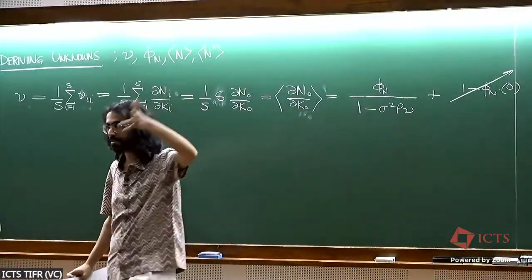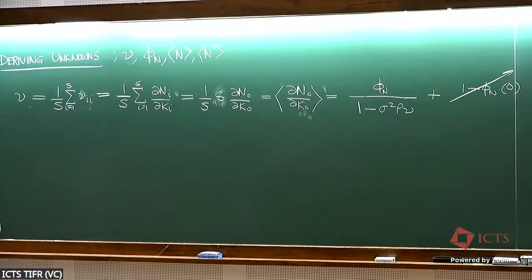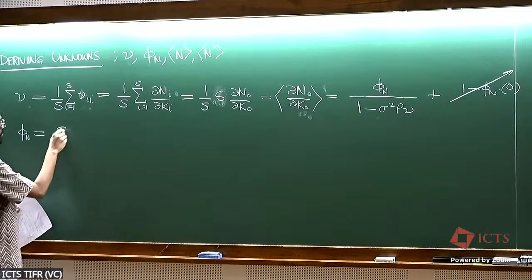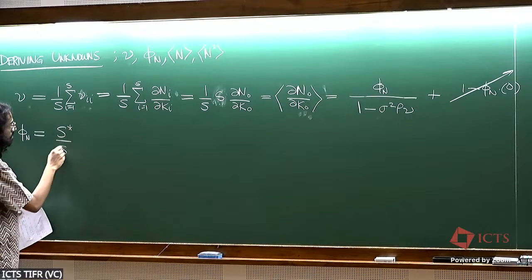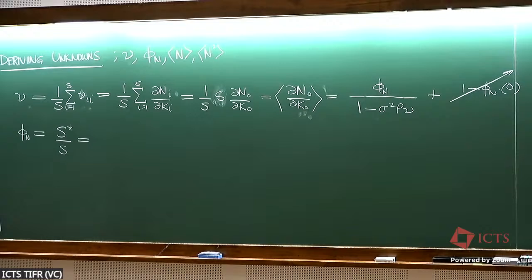Of course, this is something that we can't immediately compute yet, but the hope is we'll get a bunch of coupled equations in the same coupled unknowns, which then we can solve. So now let's think about phi_N. And phi_N is what? Phi_N is in some sense S star over S, right? The fraction of cases in which this cavity species survives, or in any system with S species, what fraction of that S survive.